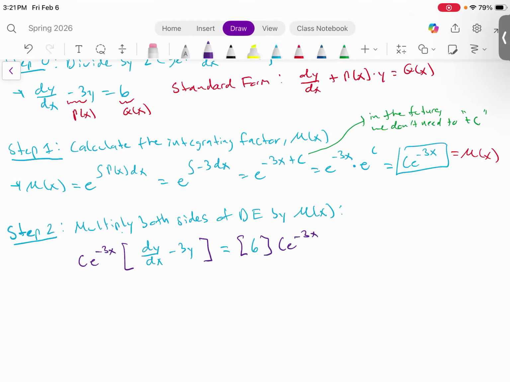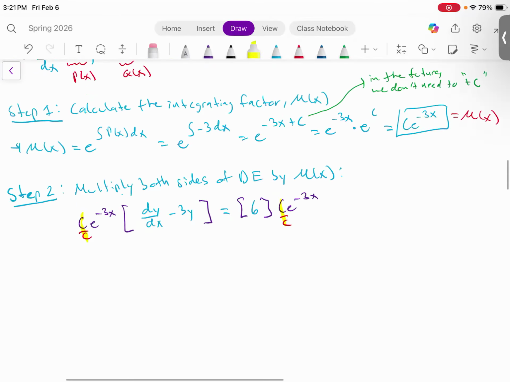Now let's observe this c. I have c on both sides here. What would happen if I just divide c from both sides? Well, they will just cancel out on both sides. So including the constant is a bit redundant here. It just goes away anyways. It's just an arbitrary constant, so we don't need to really write that.